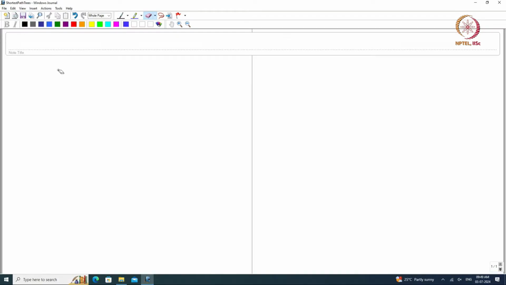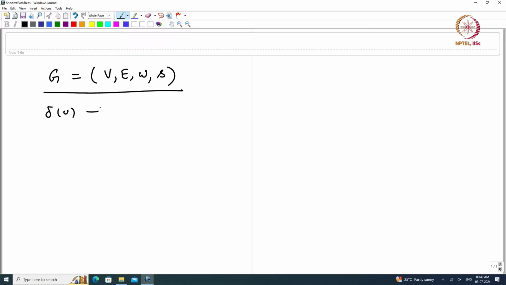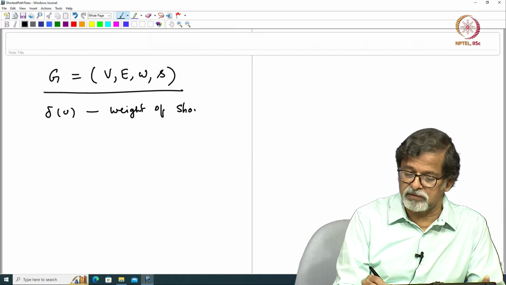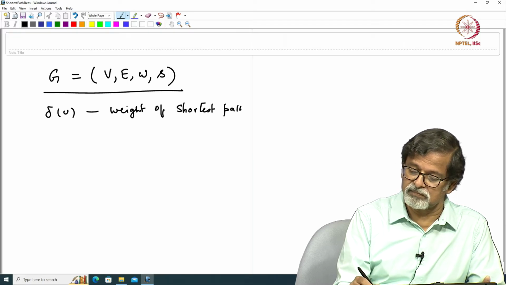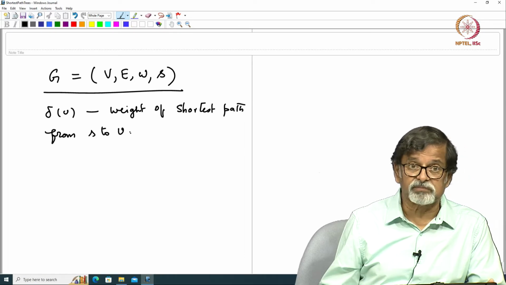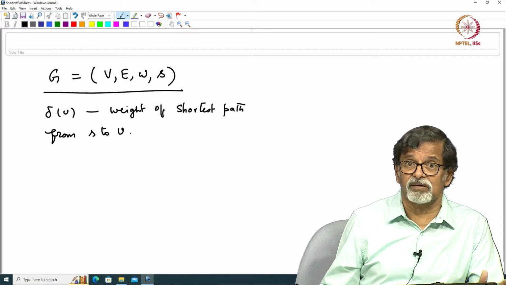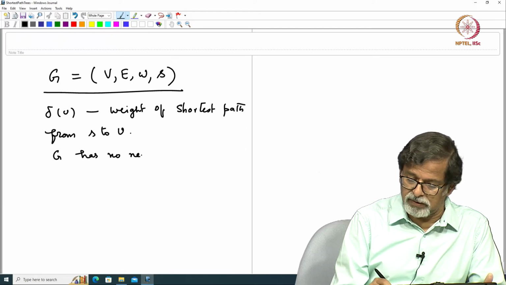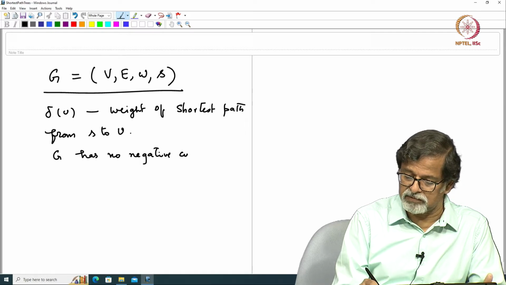If G is an instance of the single source shortest path problem, and if delta V is the weight of the shortest path from S to V, then we have derived the following equations when G has no negative cycles.